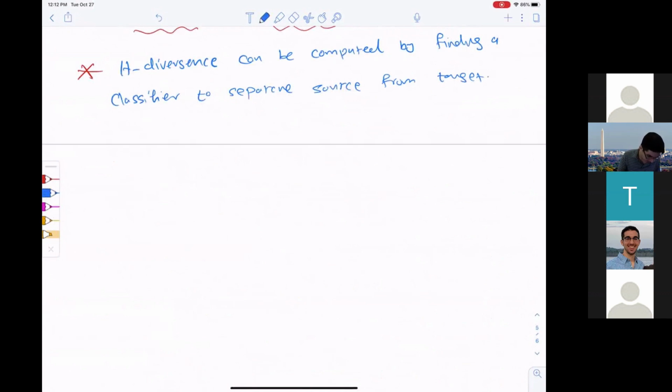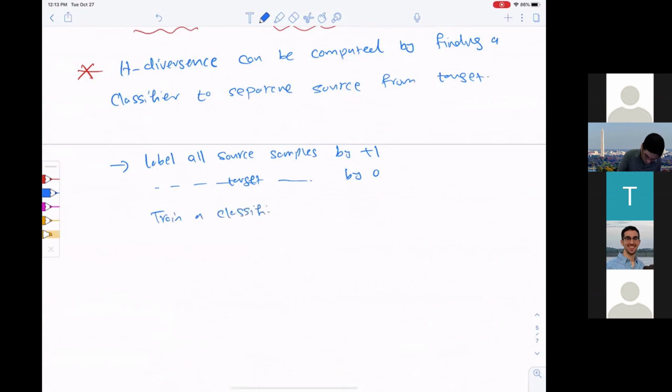So basically this is the procedure: label all source samples by plus 1, label target samples by 0, and then train a classifier to minimize the error.